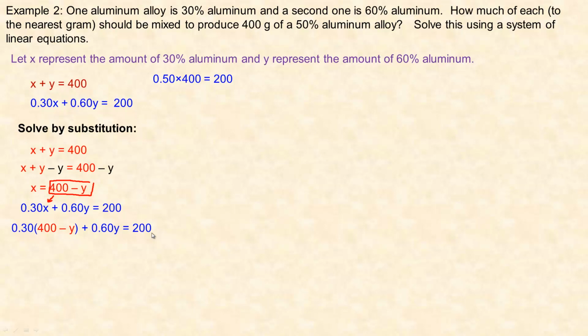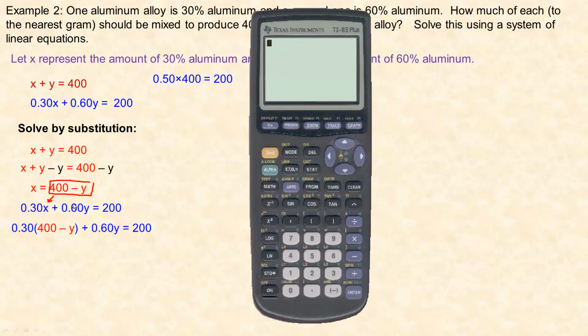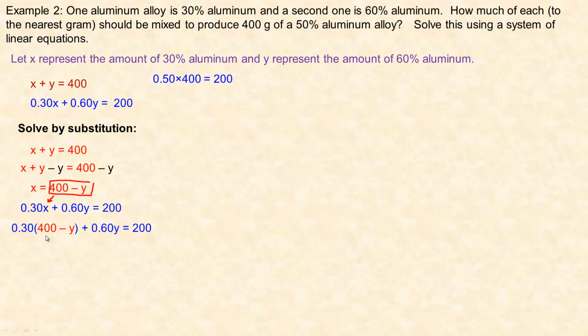Now I have an equation that just has Y, so I can solve for Y. I want to distribute the 0.30 first. 0.30 times 400 is 120 at the beginning. 0.30 times negative Y is negative 0.30Y, plus the 0.60Y equals 200.